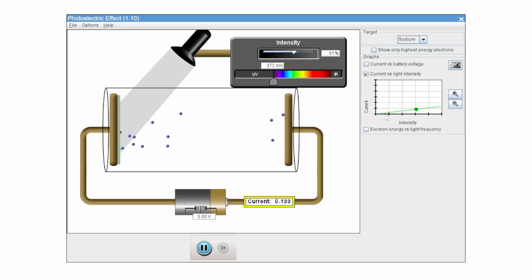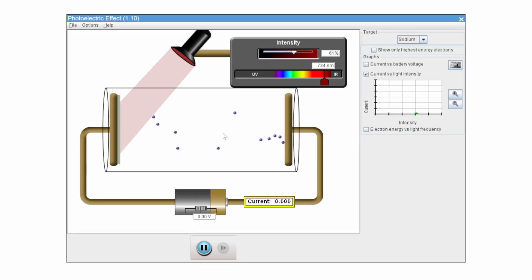Intensity means more photons, hence more electrons, but provided each photon has that minimum frequency. If it doesn't, even if the intensity is high, if I decrease the frequency, the current is 0. There's no current.